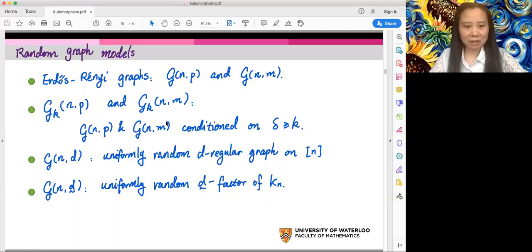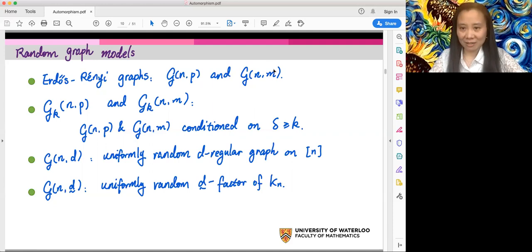Why are people particularly interested in this kind of probability space? Well, sometimes it's to make your problem a little harder. For instance, if you are thinking about the symmetry of random graphs, the problems start to become interesting only when p is about log n over n.